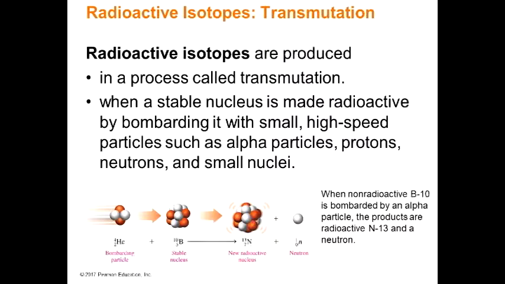So here you have bombardment of the particles. This particle gets hit with helium. Get it? It goes in and pops it. When that happens, it kicks out a neutron.